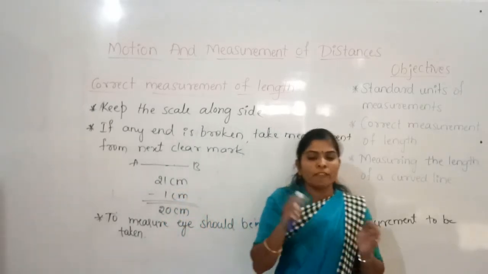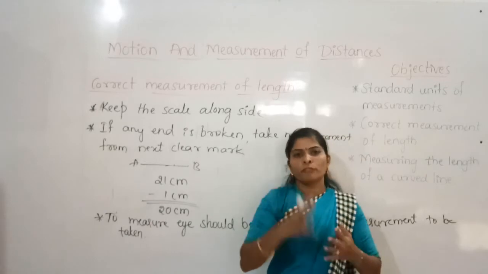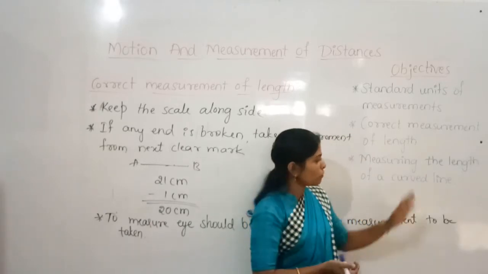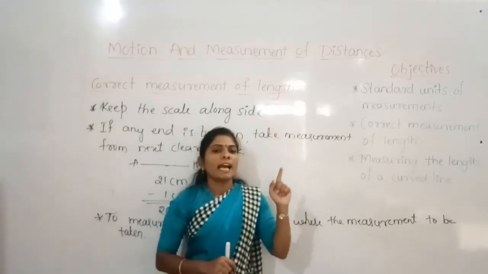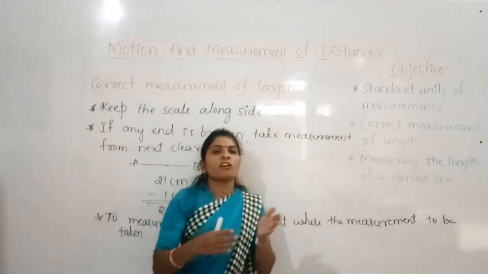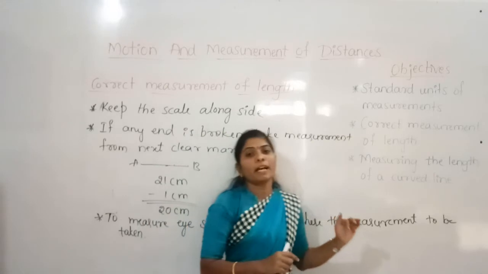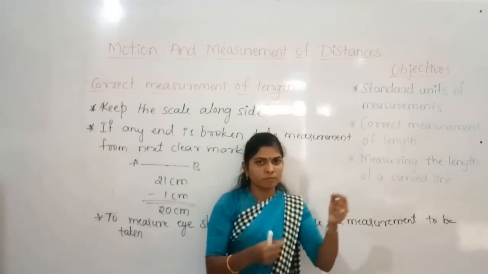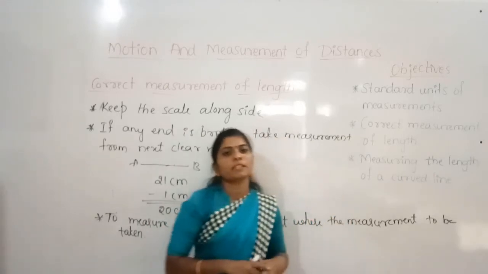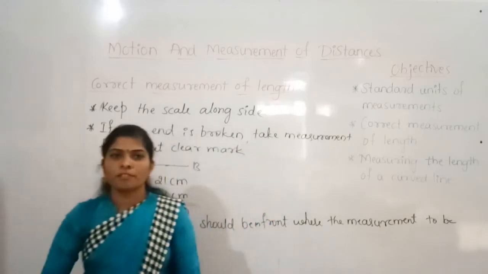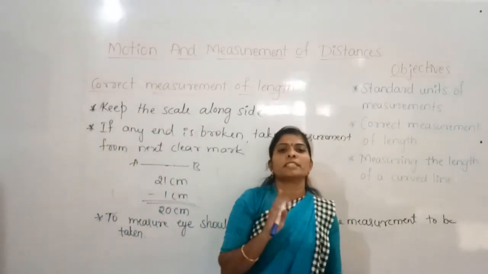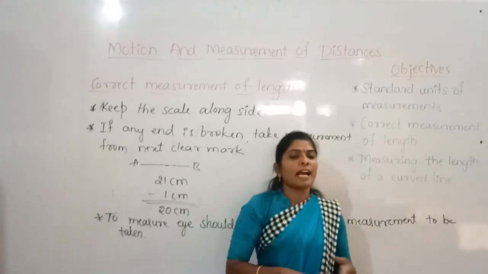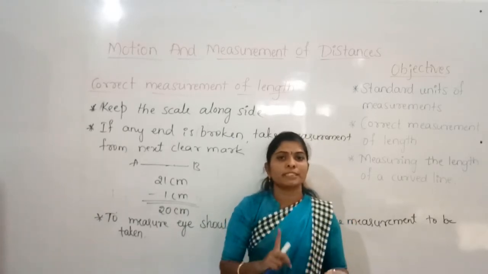If 4 friends are there together, just mark one friend's height on the board, and later each of you has to measure using the measuring scale or tape. Then you write your observation and you do it in 2 ways. One, you measure with the hand span and another you do with the measuring scale.